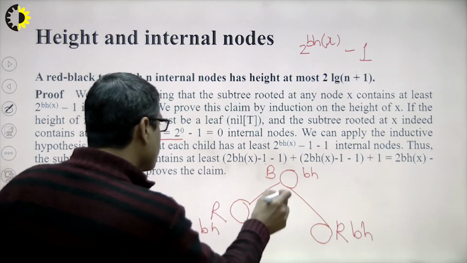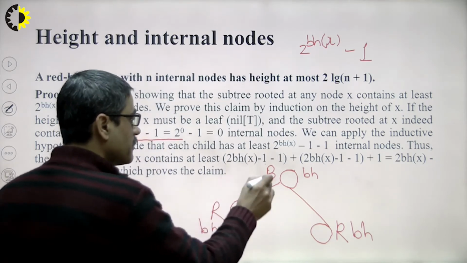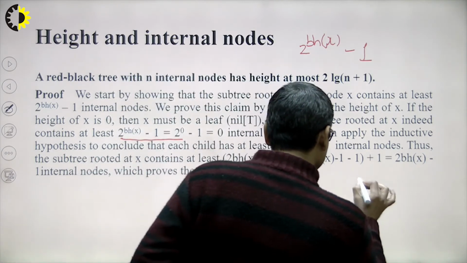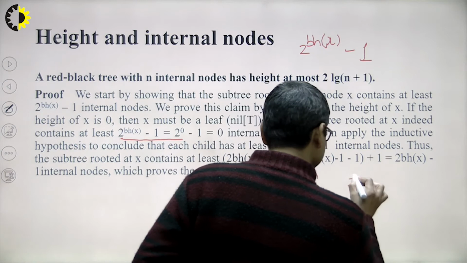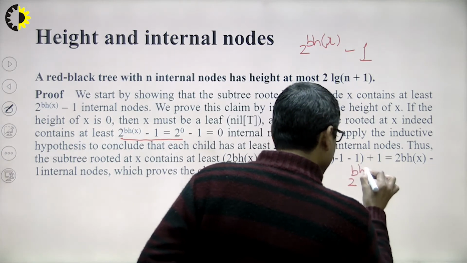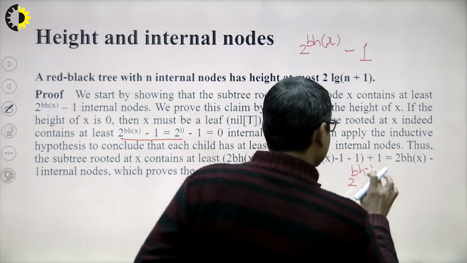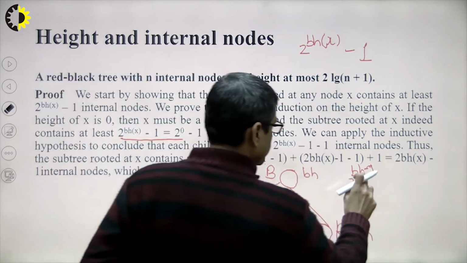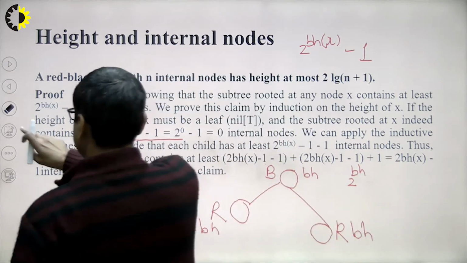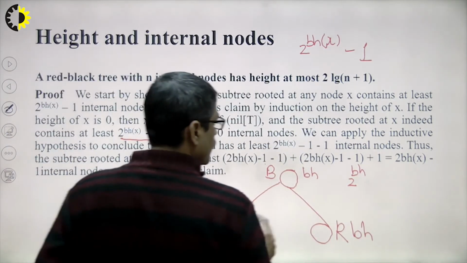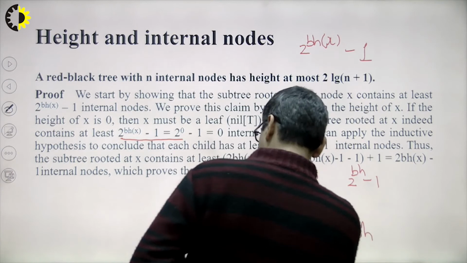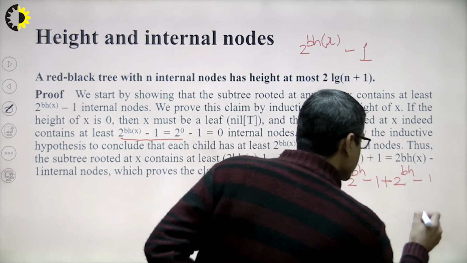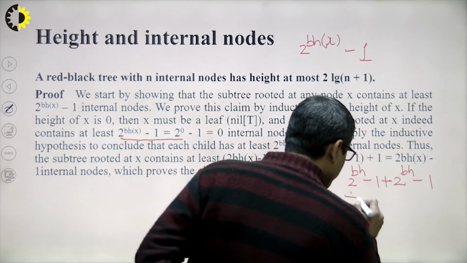So the total number of internal nodes for this particular portion is given by 2 to the power bh minus 1 for this node, plus 2 to the power bh minus 1 for this node, plus 1.